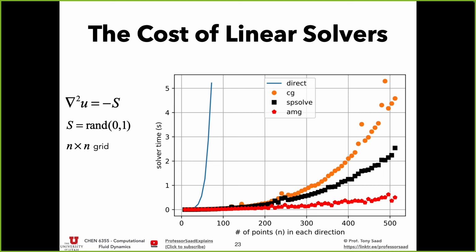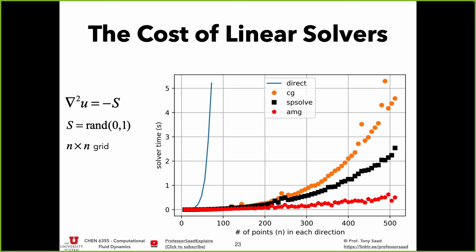But the best one, look at this guy. This has an almost fixed time complexity, like order 1. And this is the algebraic multigrid solver. That's what you want, right? You want a constant, fixed cost, regardless of the number of grid points.